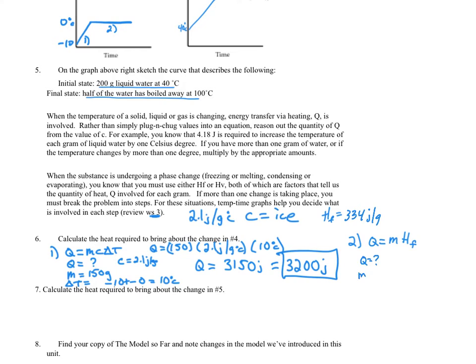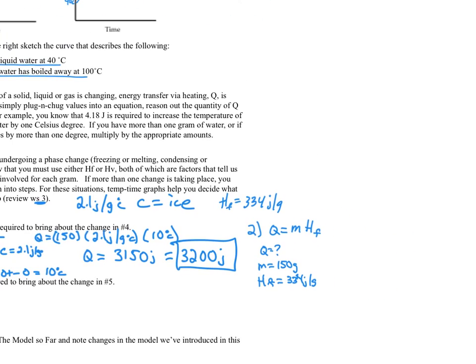My mass is the same, as it says all my ice is melting, so 150 grams. And my H_f is 334 joules per gram. So I'm going to just substitute the numbers in.